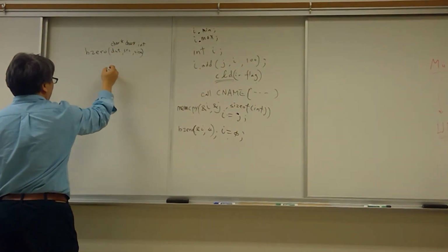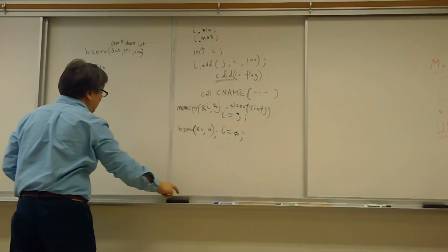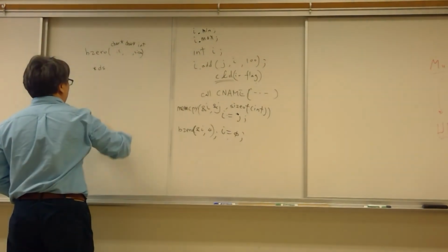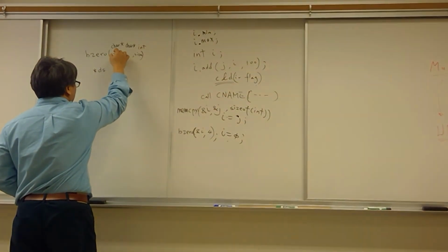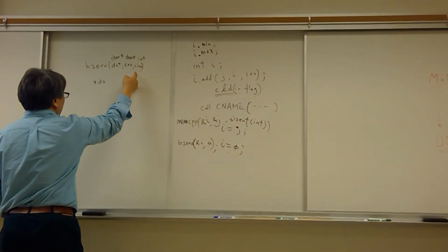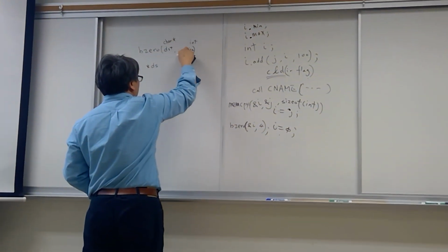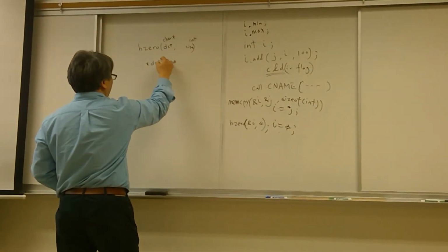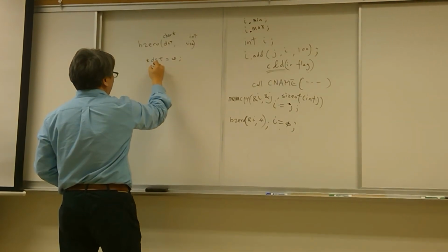Then definitely this is gonna be the destination, source. Wait a minute, destination, source. So the destination, this is not copy. It's just tricky. Destination, what it points to equals 0. And then it's a loop.